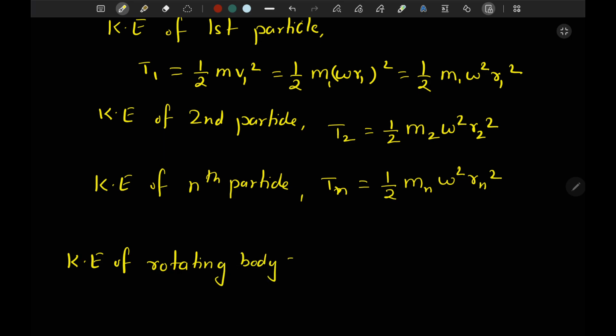And hence finally kinetic energy of the whole rotating body will be given by the sum of the kinetic energy of all those particles that constitute the rigid body.